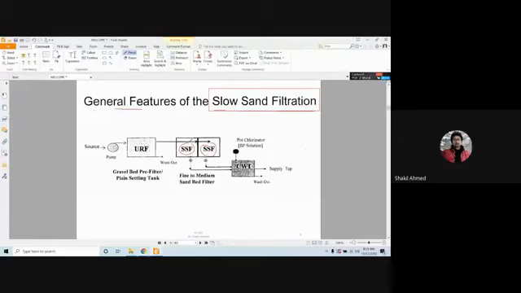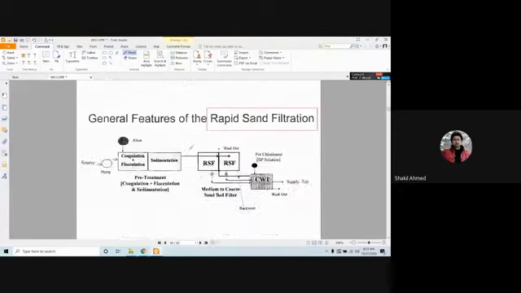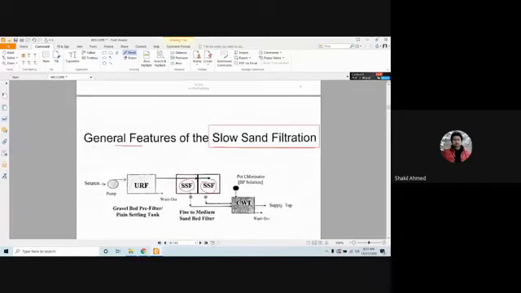Before the water enters the slow sand filter, you need to make arrangement for pre-treatment. That means you need to clean the water to some extent before you put it in the slow sand filter.